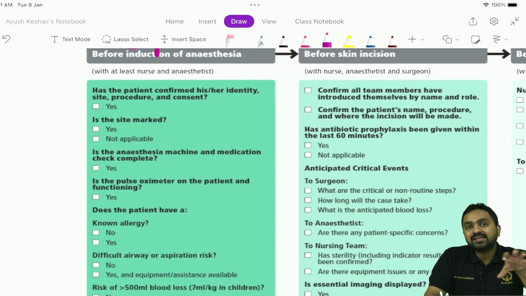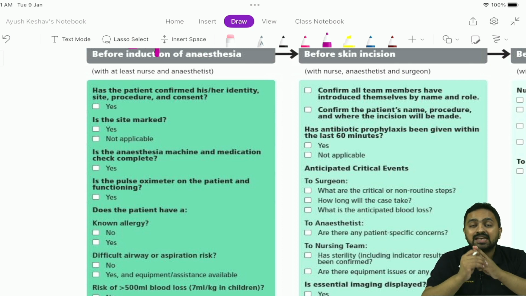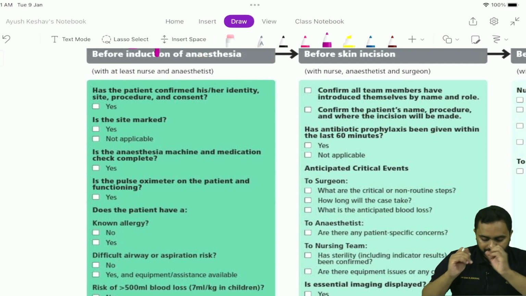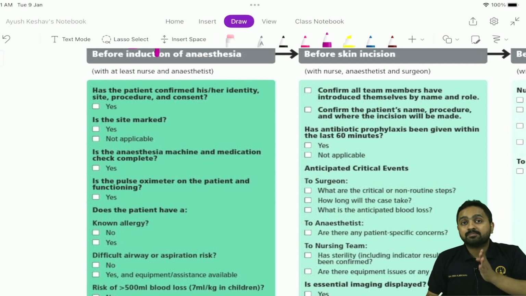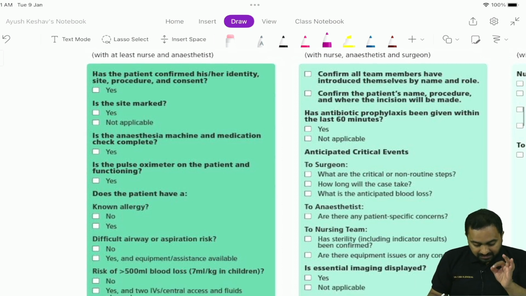So the following things are checked: if we have taken the correct patient on the table, the correct site, the correct procedure, and if the consent is in order. Then, is the site where the patient is going to be operated marked or not? Is the anesthesia machine and medication check complete?